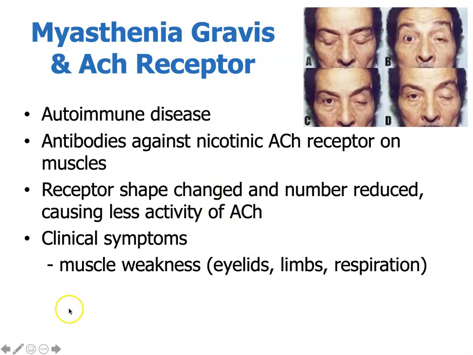That results in the symptoms that you can see up here a little bit with this particular patient. There's muscle weakness, particularly in the eyelids, the limbs, and with respiration.